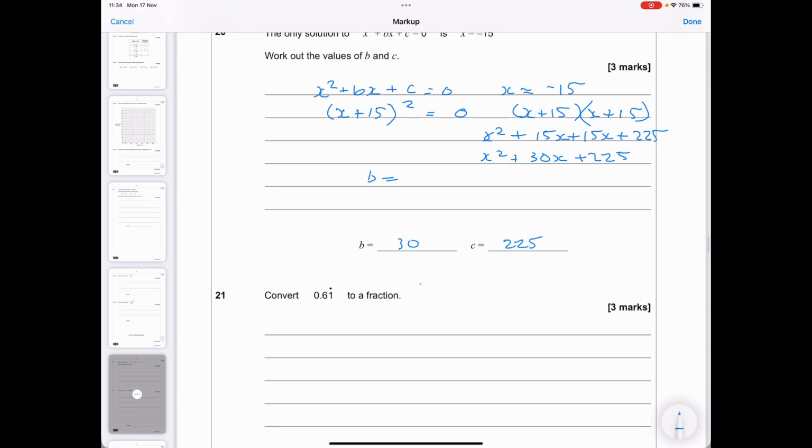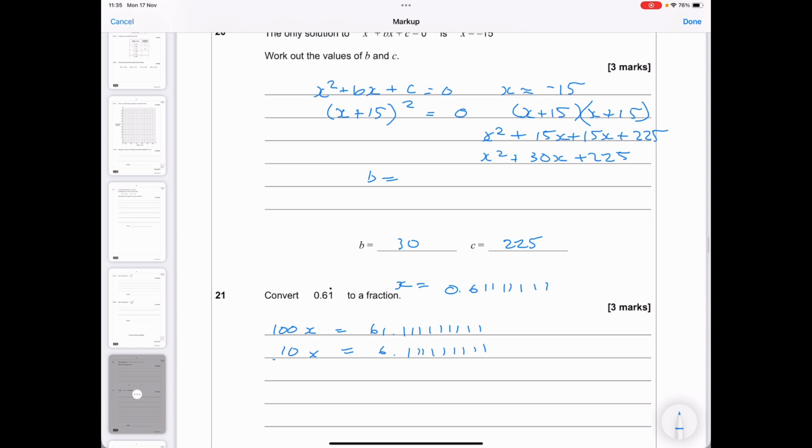0.61 recurring, so 0.61111111 to a fraction. So we know that x equals that. And we know if we leave it as x, it doesn't line up very nicely. So we'll make it 100x equals 61.11111111. And then we'll make it 10x, and that equals 6.11111111.